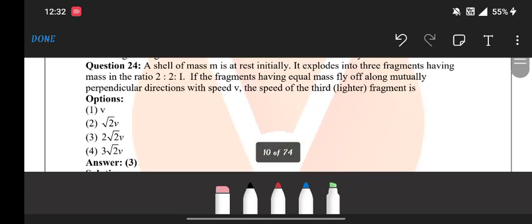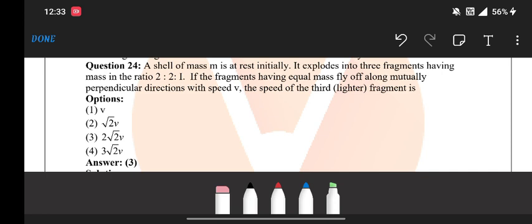Here they have given a shell of mass m at rest initially. It explodes into three fragments having masses in the ratio 2 is to 2 is to 1.